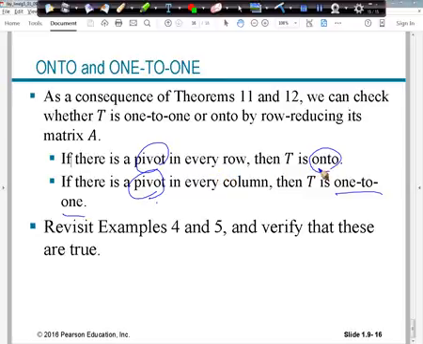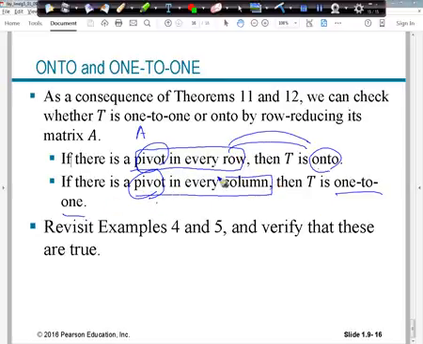But in the case of an onto, the matrix A has a pivot in every row. Okay, that is the same as onto. And then in the case of one-to-one, a pivot should be in every column of A. So it's really like the difference in terms of row or column, right?